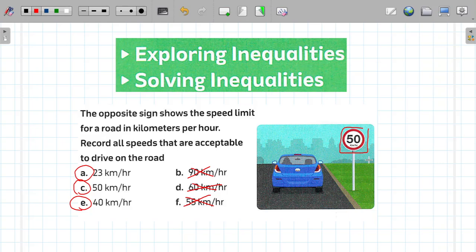Okay, so if I want to express that situation as an inequality, how to do it? I can represent that by using variables and the signs of inequalities. But what are the signs of the inequalities?